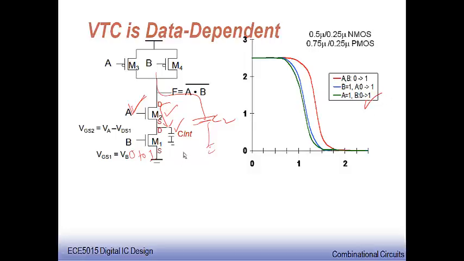Now when this happens, both this capacitor should discharge and this also should discharge, and that is why you have this sort of a transition, the VTC is shaped like this. It further moves down towards the left. That means I have a weaker pull-up network, and this way naturally when we go, we mean that your pull-up network is weaker.